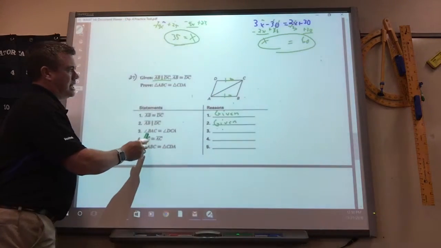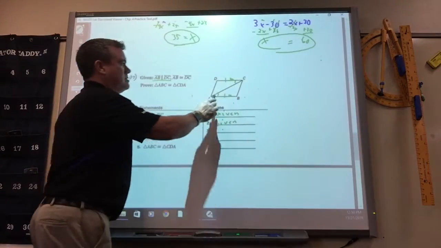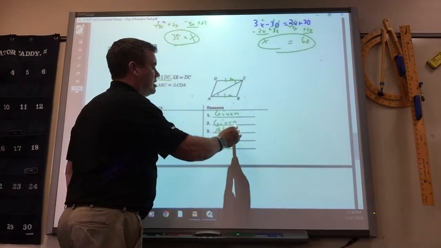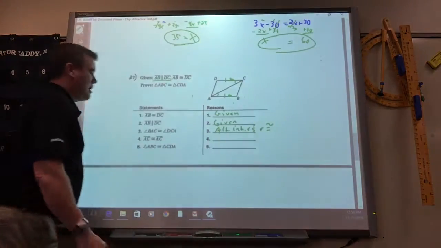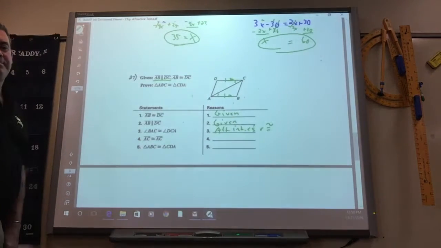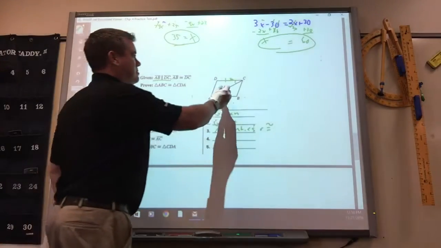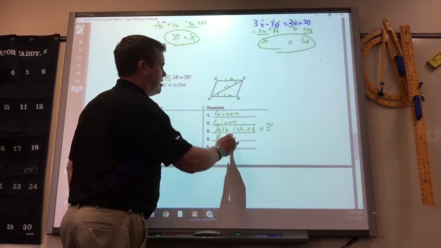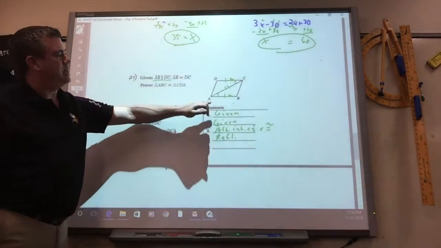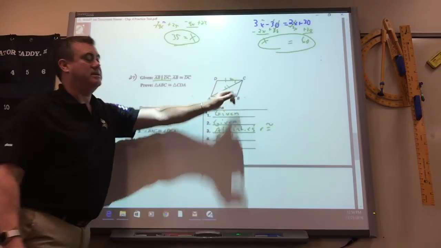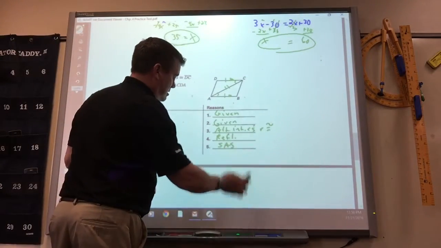So why do we know then that angle BAC is congruent to DCA? Alternate interior angles are congruent. And then AC equals AC? Reflexive or shared side. And there we got our three things. So looking at the picture, it is SAS. The reason why they're congruent is SAS.